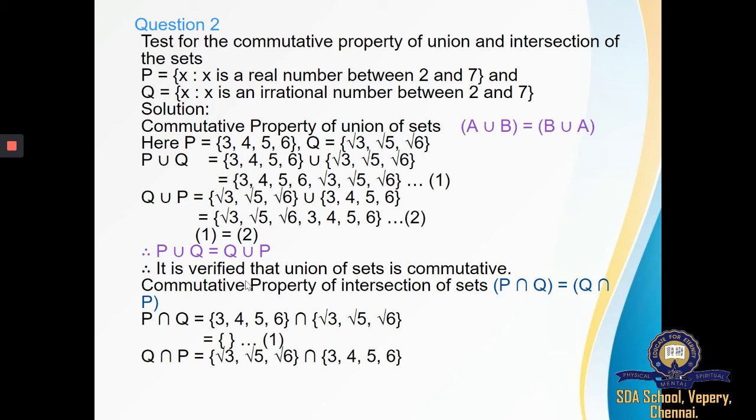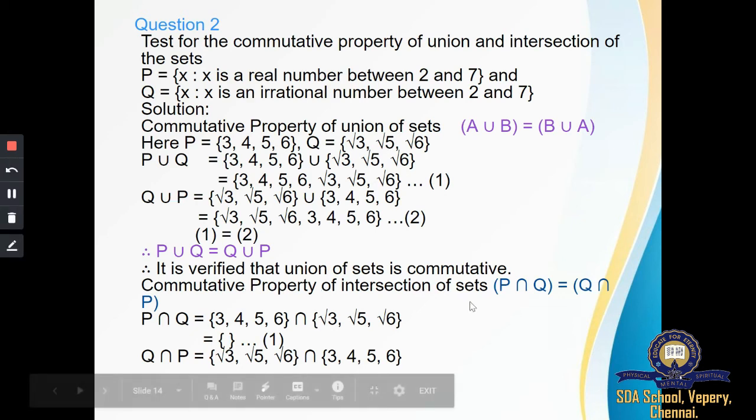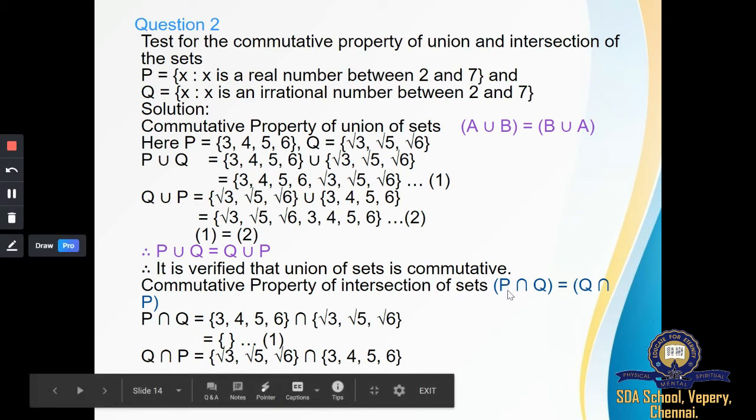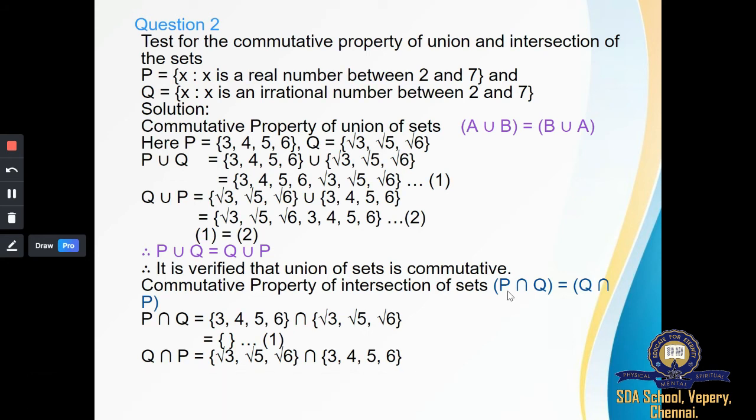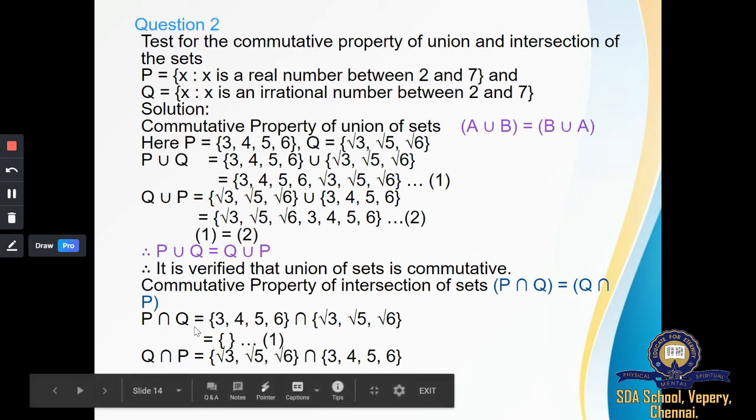Next, we also have to find the intersection of sets, right? We have to also prove the commutative property of intersection of sets. So again, what is my formula? The same formula applies over here as well. Which means P intersection Q is equal to Q intersection P. Let me first find my P intersection Q. What is my P intersection Q?